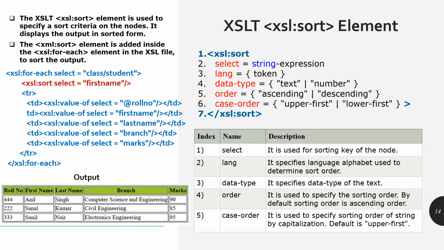Now we are going to discuss the sort element. This is the syntax of the sort element. Here we can specify the string, in the sense, the way we are going to do that.